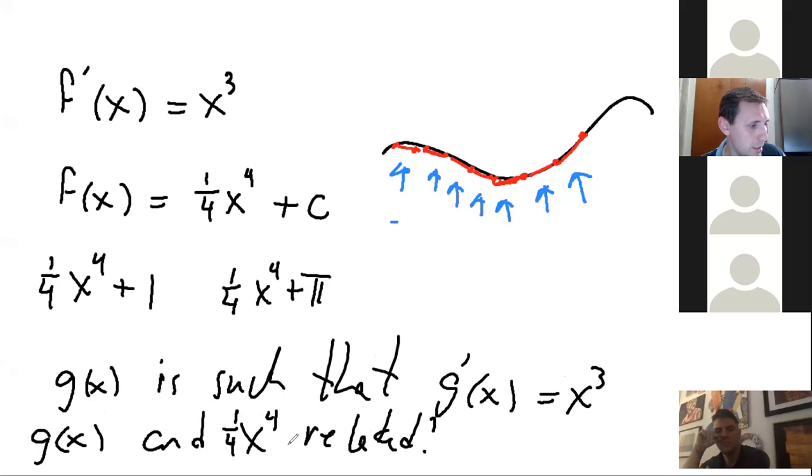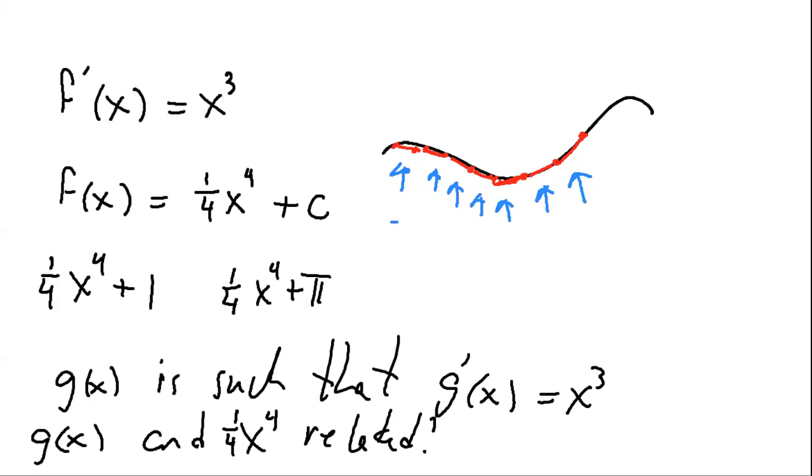Do you understand my question? For 1/4 x to the 4, when I take the derivative, it will be x cubed. Now take any other function whose derivative is equal to x cubed. How is that g(x) related to 1/4 x to the power of 4? Is it related?